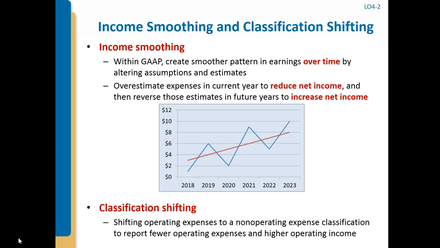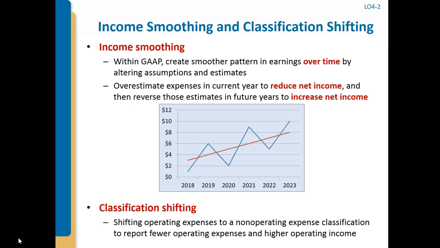So by shifting income in this manner, the managers smooth the pattern in reported income over time. And by doing this, they portray a steadier income stream to investors and creditors. So management's income smoothing behavior can be controversial.